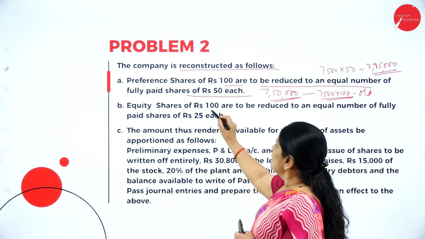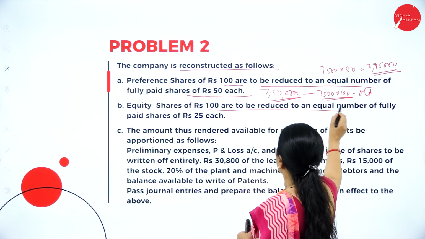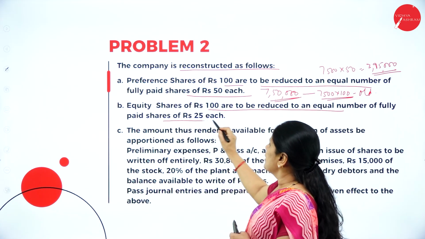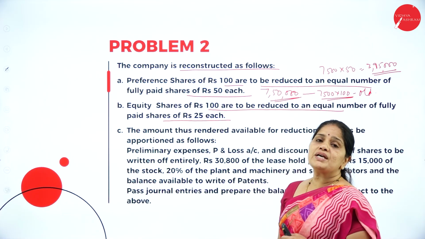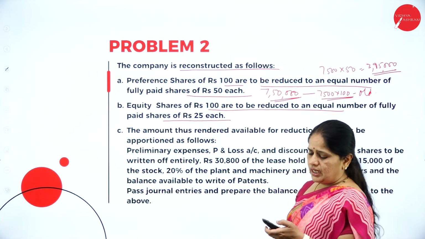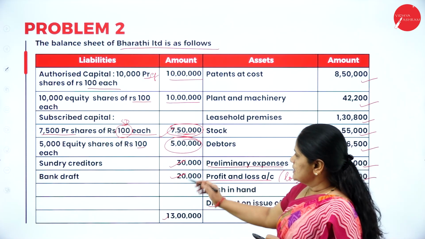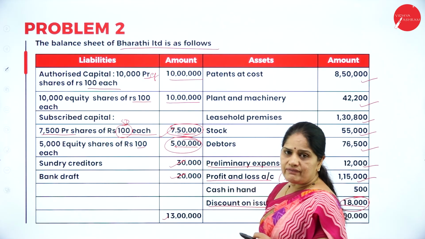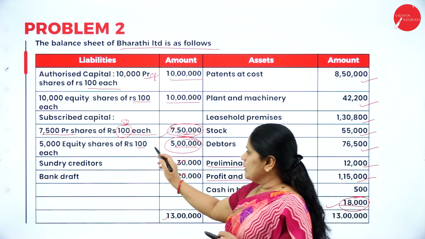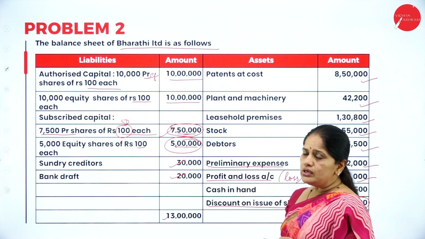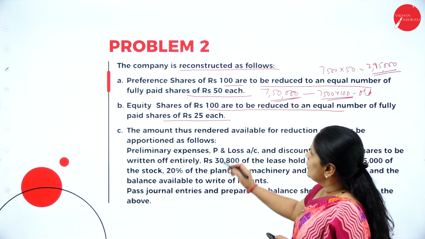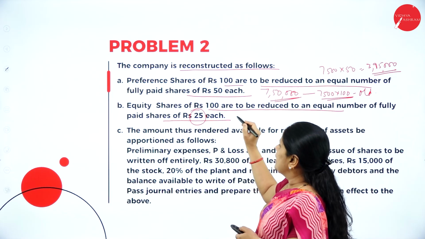Then next, equity shares of ₹100 are to be reduced to an equal number of fully paid shares of ₹25 each. What is the value of equity shares here? 5 lakhs. What is the paid up value of each share? 100. What are you reducing it to? 25.